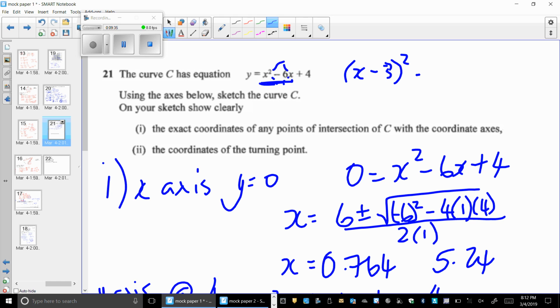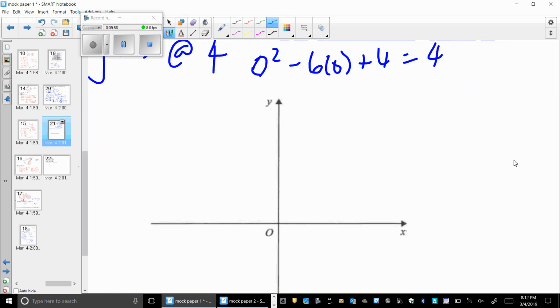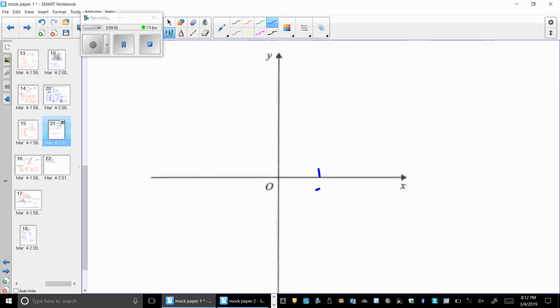But we then have to subtract whatever number this is squared, so we subtract 9, and the plus 4 is still sitting there. So that's x minus 3 all squared, subtract 5, which means that my turning point is at positive 3, negative 5. So at 3, negative 5 is where our turning point is.